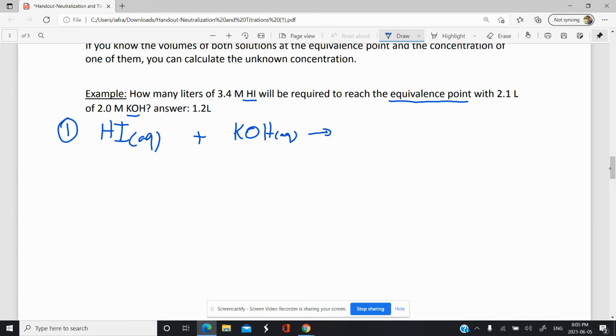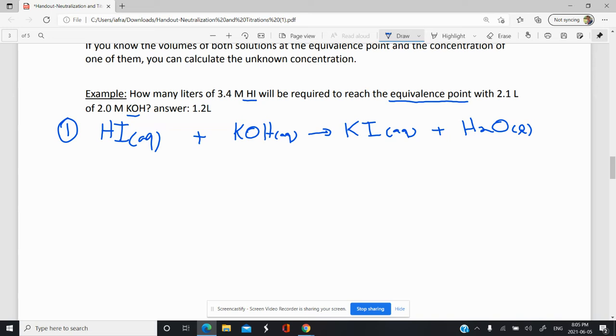This is an acid-base reaction. We get a salt, which is KI, aqueous, and then H and OH together give you water, H2O, liquid. We need to remember to balance the equation. It looks balanced as is, and we're going to write some information down.